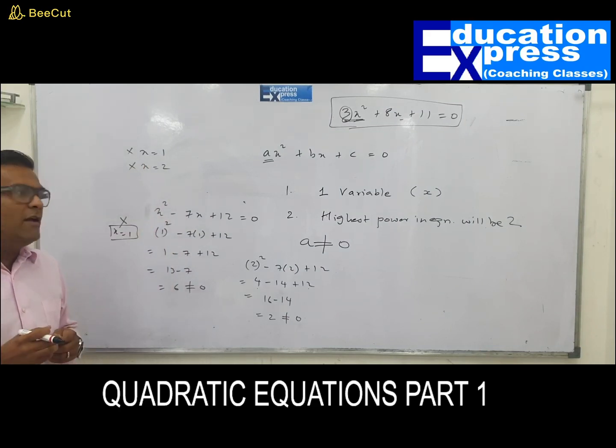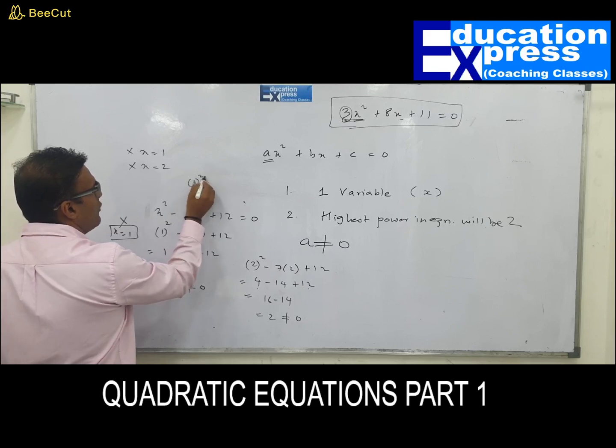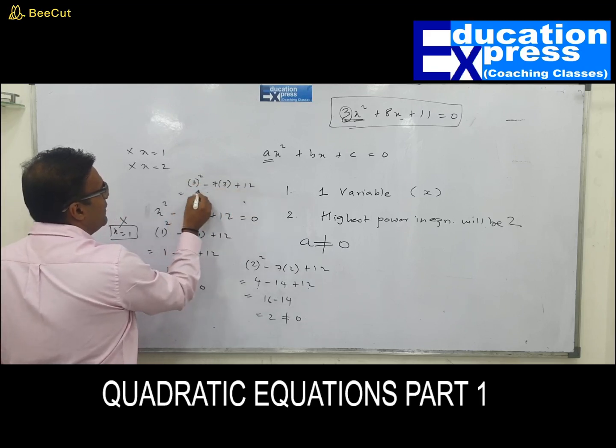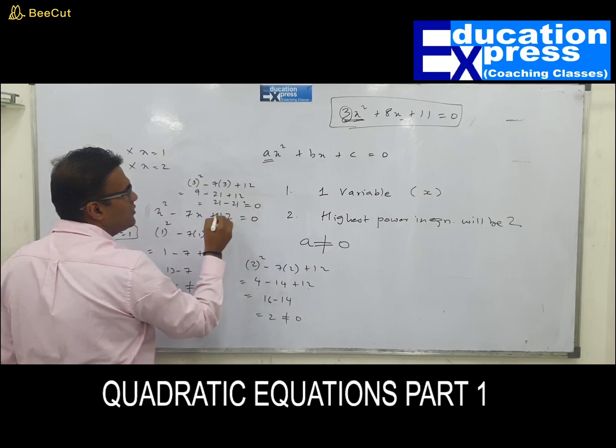Why not try by taking x equals to 3? Supposing if I put x equals to 3, 3 square minus 7 into 3 plus 12, 9 minus 21 plus 12, 21 minus 21 equals to 0.